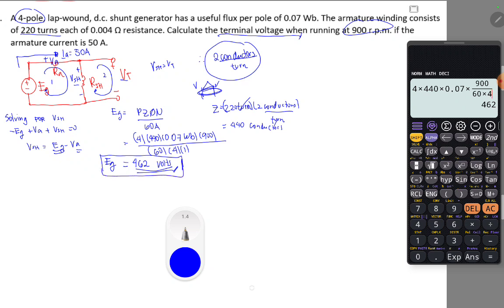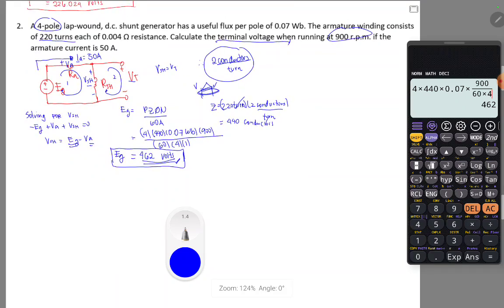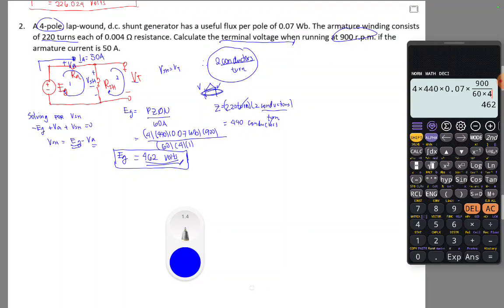Okay. Now, next thing is our VA. How will we solve for our VA? Of course, our VA is equal to my IA multiplied by RA. IA is already given, which is equal to 50 ampere, and our RA is unknown. According to the problem, the armature winding consists of 220 turns, each of 0.04 resistance.